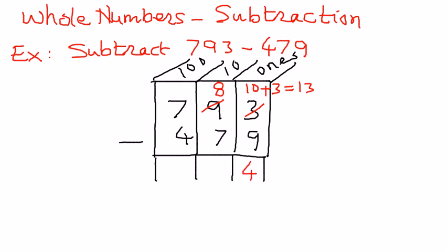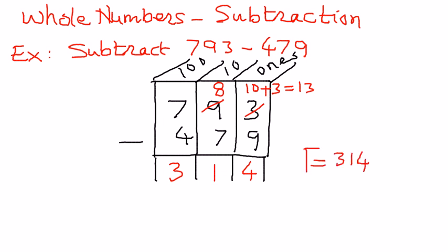Since we have reduced 9 by one, it becomes 8. 8 is larger than 7, so we do not have to borrow. 8 minus 7 is equal to 1, and then 7 minus 4 is equal to 3. Therefore, when we subtract 479 from 793, the value comes out as 314.